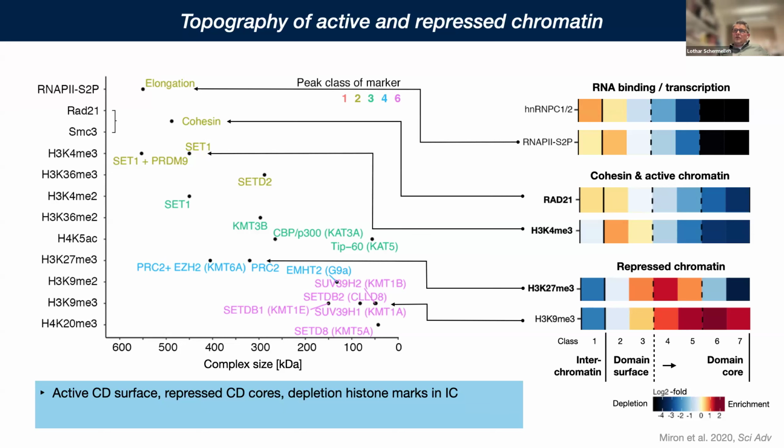And it turns out that the enzyme complexes associated with marks that are sitting at the outside in these classes 1, 2 are also the biggest ones, whereas the enzyme complexes that are linked to the repressive chromatin, those that are really furthest in the inside of domains, are the smallest.